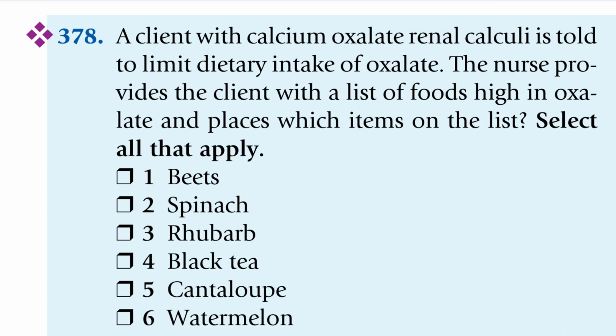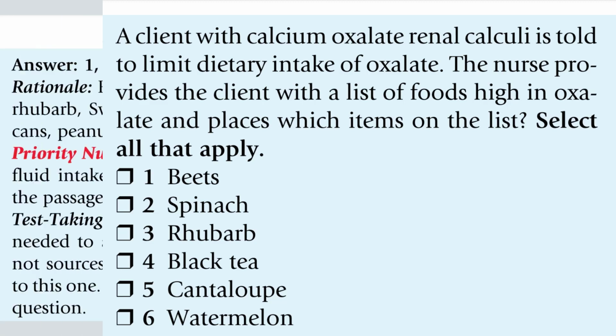378. A client with calcium oxalate renal calculi is told to limit dietary intake of oxalate. The nurse provides the client with a list of foods high in oxalate and places which items on the list. Select all that apply. 1. Beets. 2. Spinach. 3. Rhubarb. 4. Black tea. 5. Cantaloupe. 6.